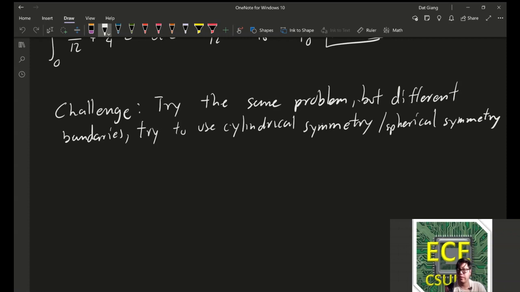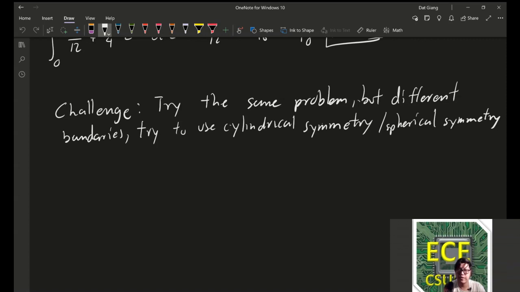In general, due to the length and due to the nature of multivariable integration, often these problems take a while to do. So perhaps the best thing we can do is try out the same problem, but with different boundaries. Make sure you can use cylindrical symmetry, or if you can't, reason why.